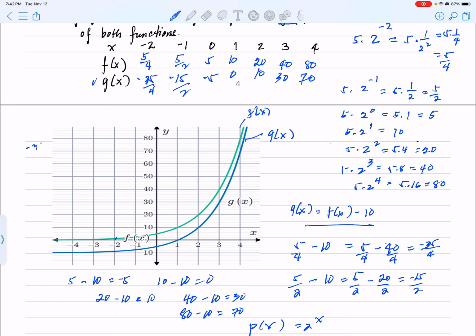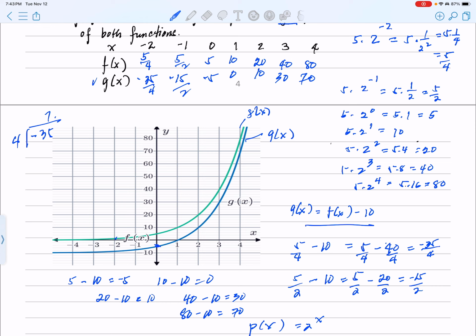35 divided by 4. Sorry guys, something's wrong with my calculator. 35 divided by 4, that's 7 point something.